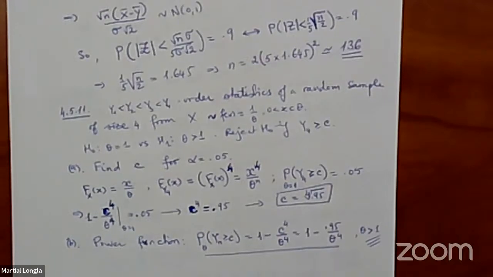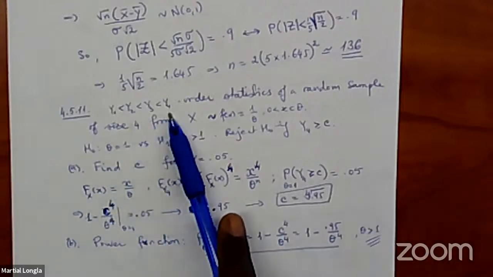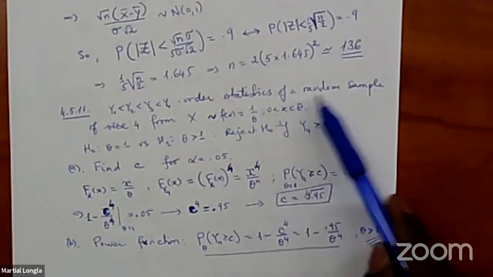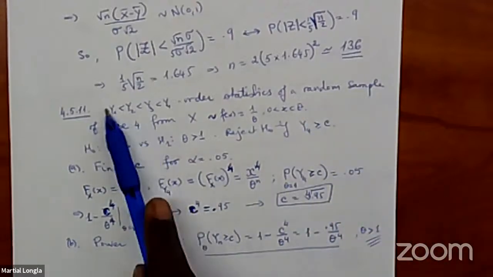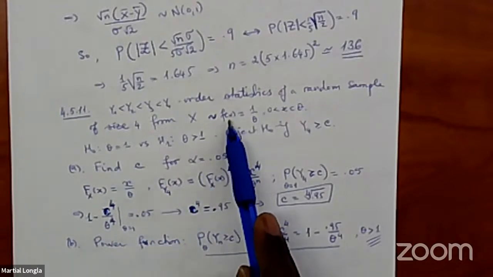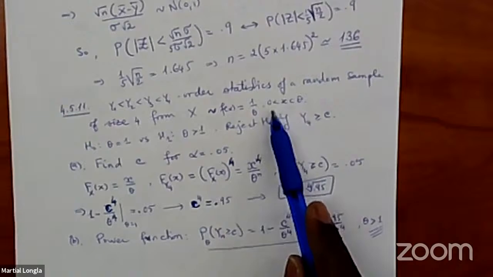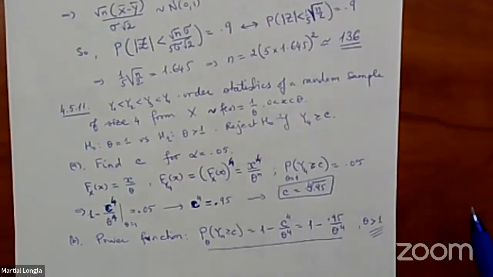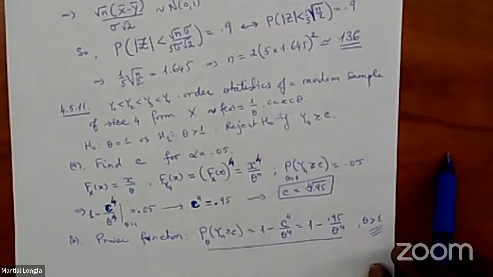Now, problem number 2 of that same kind, previous material. You have y1, y2, y3, y4, order statistics of a random sample of size 4, so that's all of them, from a distribution f of x equals 1 over theta for 0 less than x less than theta.